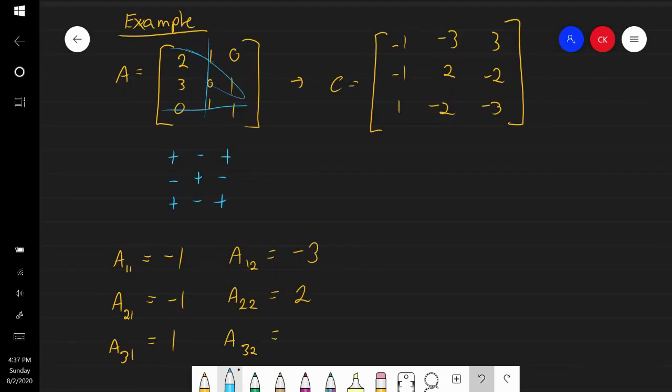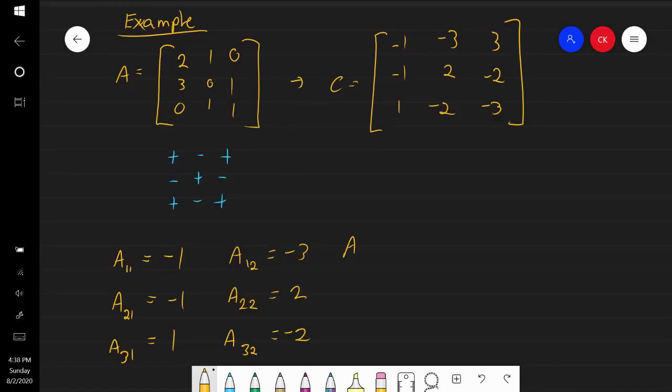So we just continue this process all the way through the matrix. There we go. So we had -3, 2, -2, and that gives us our cofactor matrix C.